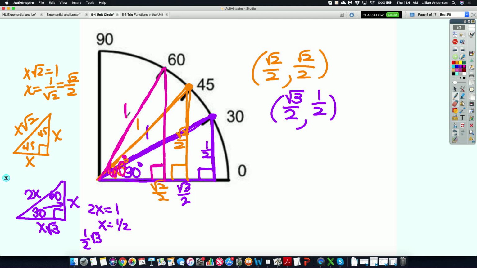So is the x coordinate going to be 1/2, or is the y coordinate going to be 1/2? It's going to be the x coordinate, because the side across from the 30 is half the hypotenuse, and 30 is up here. So the breakdown is that your x is 1/2, and your y is the square root of 3 over 2.